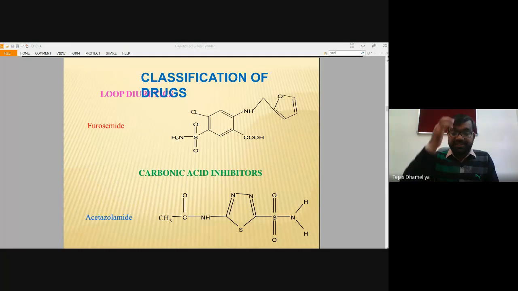Anthranilic acid is a substance which you have visited during your first year in the identification of unknown organic substances.